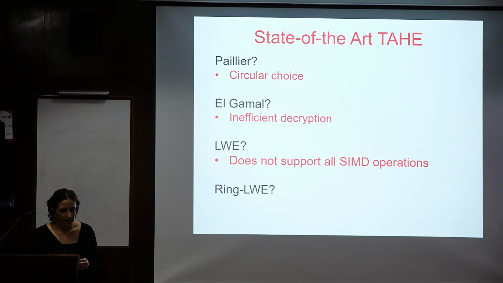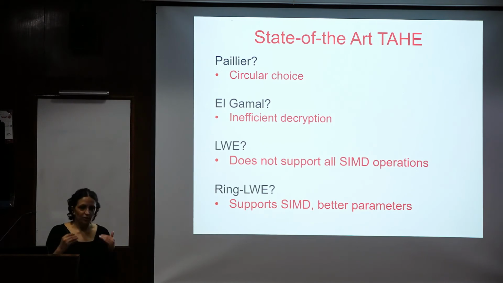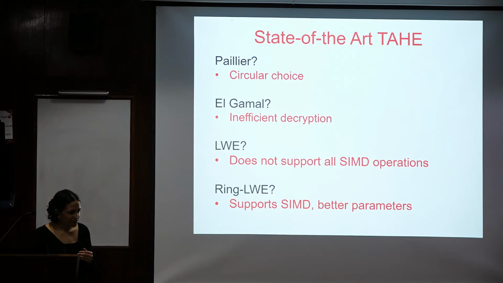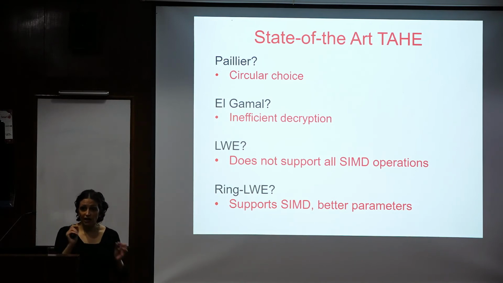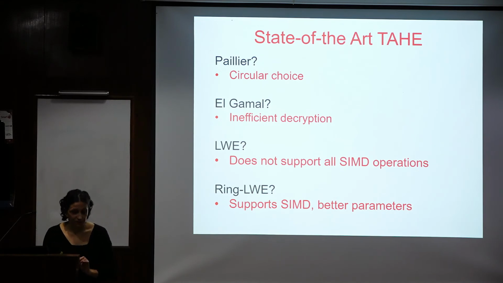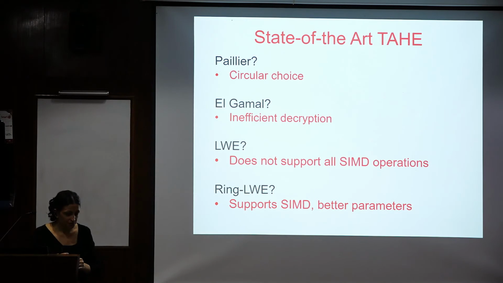Ring LWE, and this essentially has the properties we needed from the encryption scheme. It even supports better parameters. But part of the contribution in this project is identifying the precise parameters that could be instantiated with ring LWE for the purpose of having threshold additively homomorphic encryption.